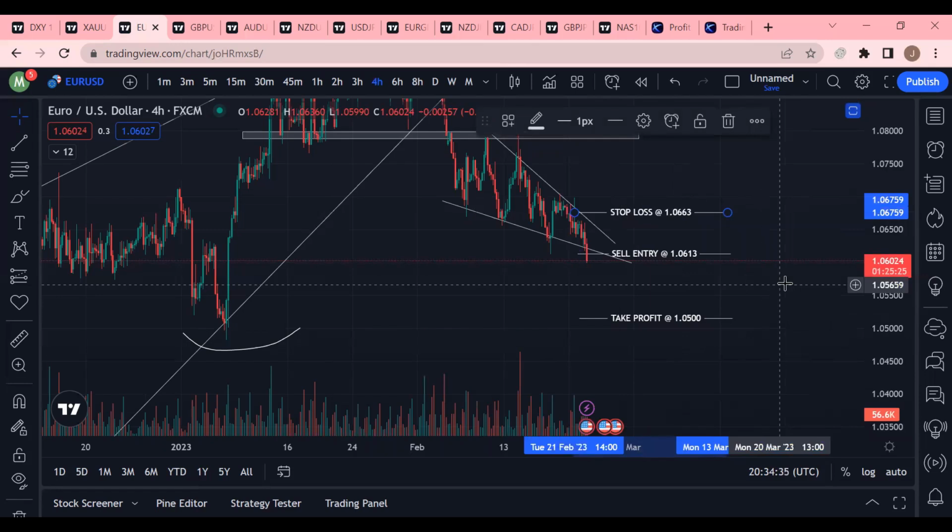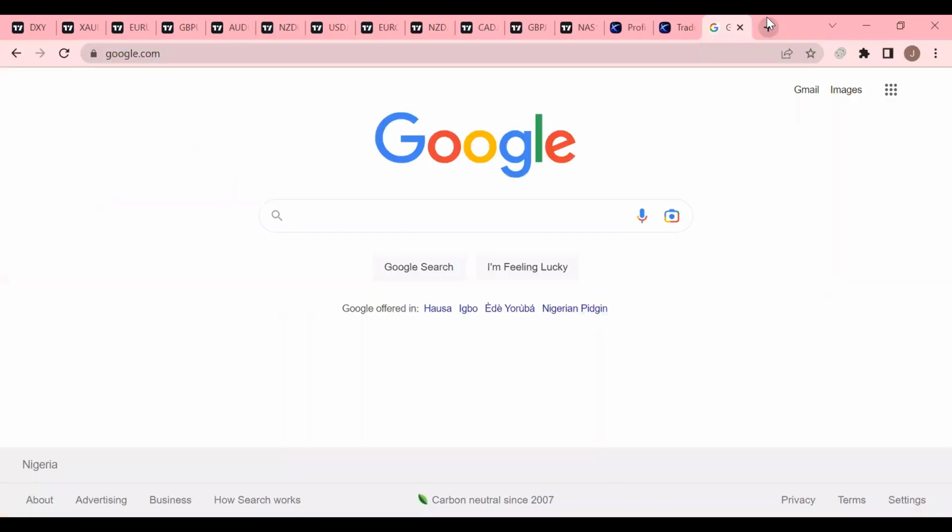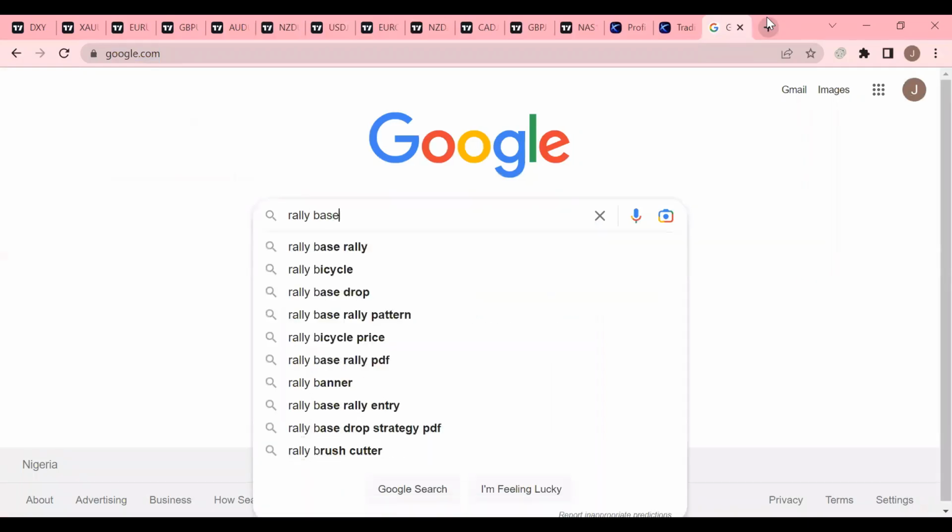So we're taking this trade in mind for now, as long as we break down from here. So we still have something called rally base rally.